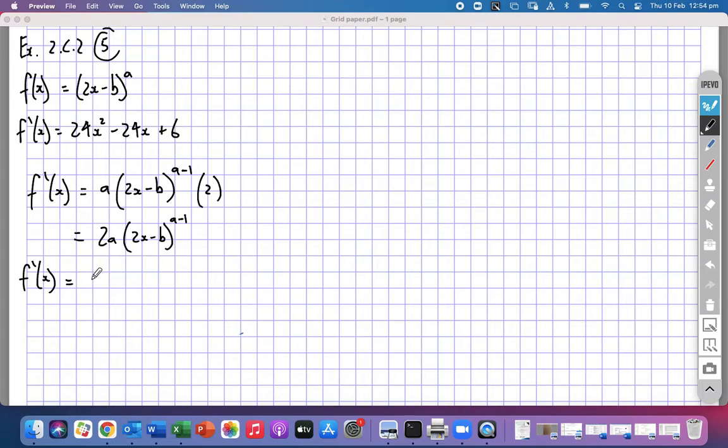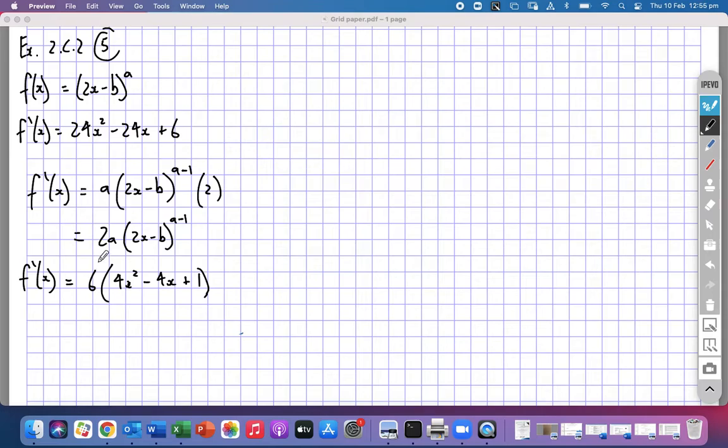I'm going to factorize it. Okay, I can see every number here divides by 6. So 6(4x squared minus 4x plus 1). Sorry, minus 4x. I'm factorizing by dividing everything by 6, and then 6 divided by 6 is 1.